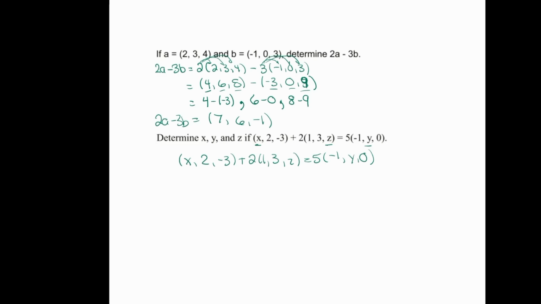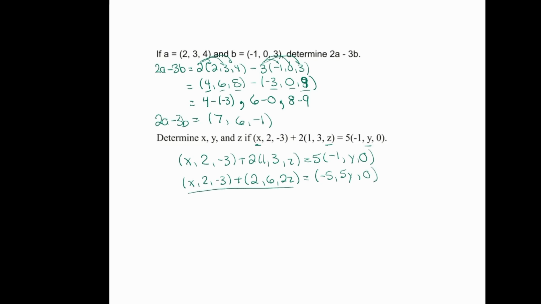We're going to use our distributive property and distribute everything out that we need to. So we end up with x, 2, negative 3, plus 2, 6, 2z equals negative 5, 5y, and 5 times 0 just stays 0.